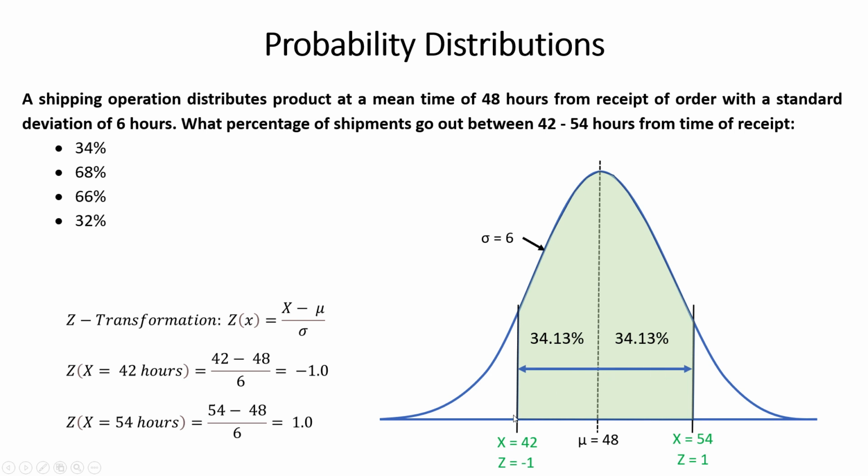And cumulatively, if we go from z equals -1 to z equals +1, we're capturing 68% of the distribution, which is the answer to the question: 68% of our shipments go out from 42 hours to 54 hours from the time of receipt. That's how you solve a probability equation using the normal distribution.